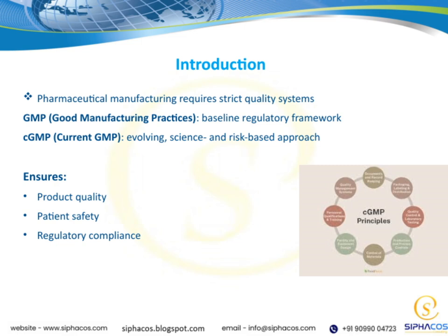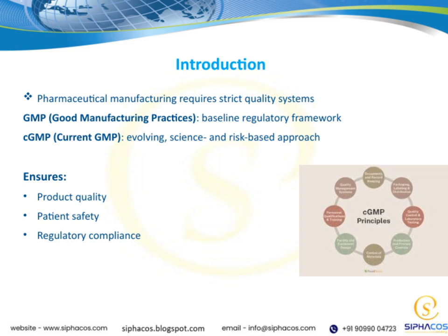But the landscape is always evolving. That's where cGMP, or Current Good Manufacturing Practices, come into play. cGMP is a more advanced, science and risk-based approach that keeps pace with technological advancements and scientific understanding. The goal of these systems is to ensure product quality, making sure the medicines are safe and effective for patients.